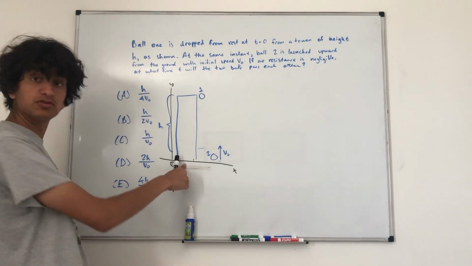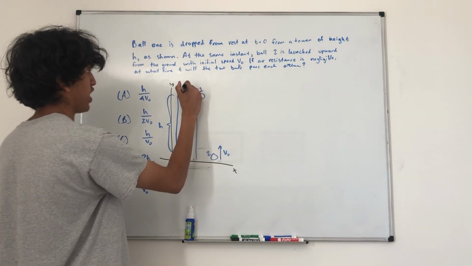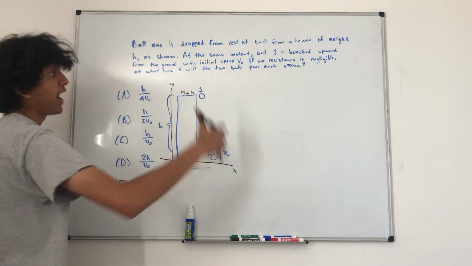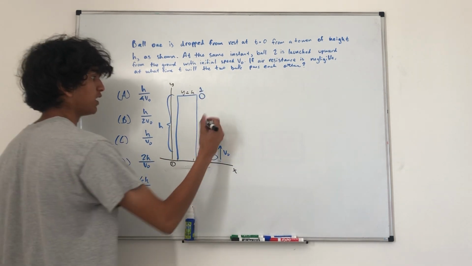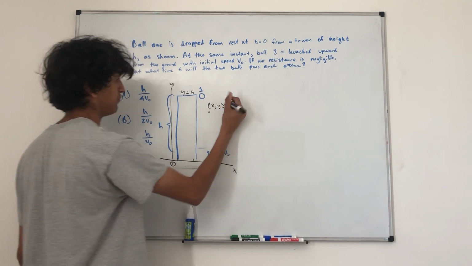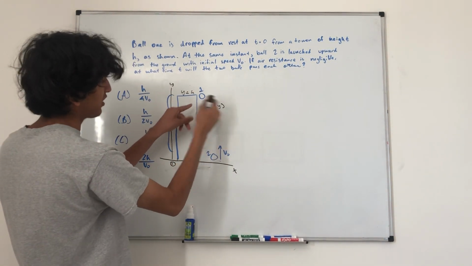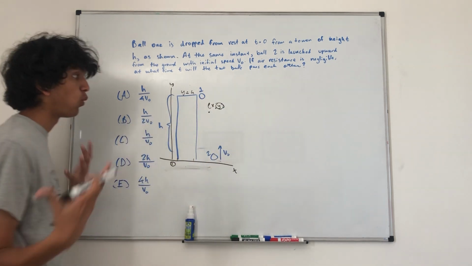This is when y is equal to 0, and this is y equals h, the height of the building. So there's going to be a certain coordinate where they're both passing each other. They're not going to be at the same x, but they're going to be at the same y.